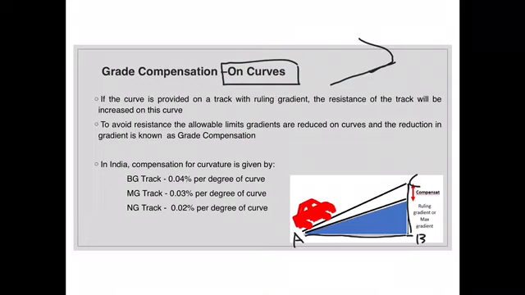But at the curve, since the resistance will increase because of the combination of both gradient and curve, the gradient will be slightly reduced depending on the radius of the curve provided.